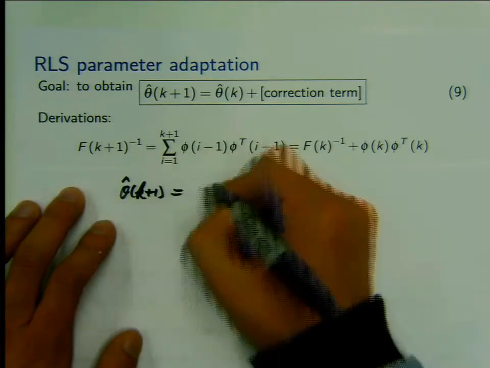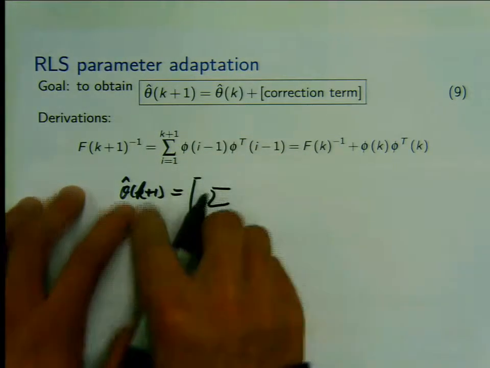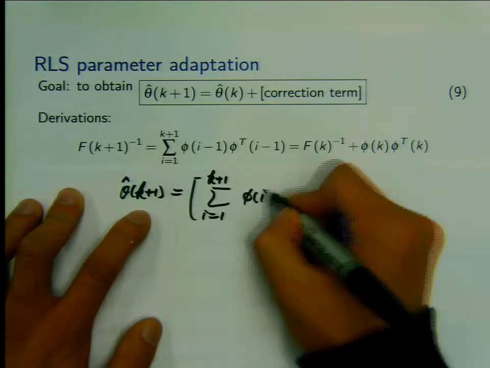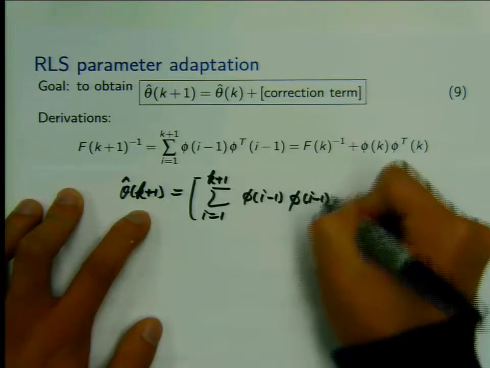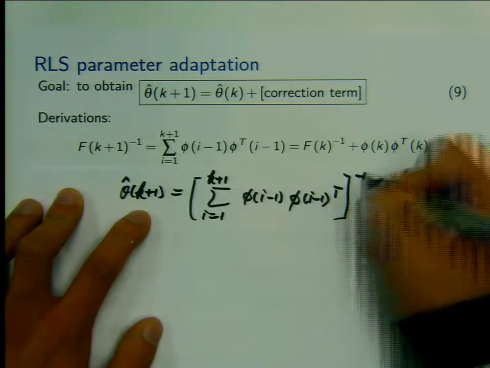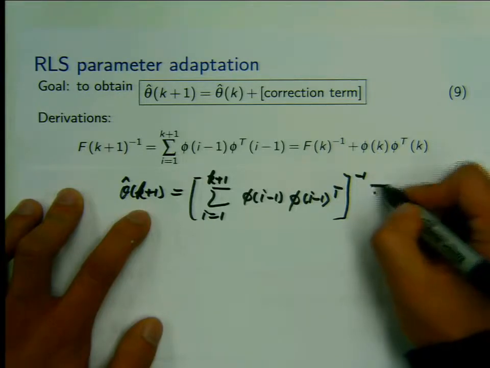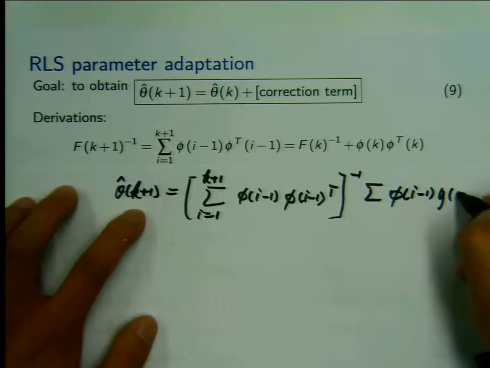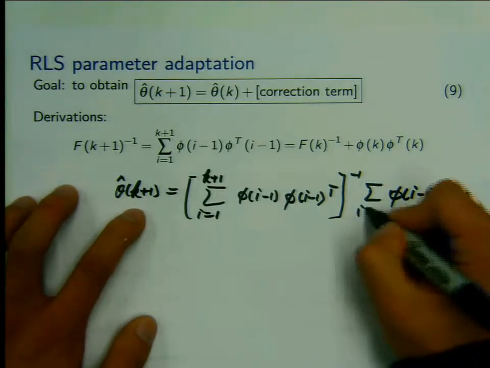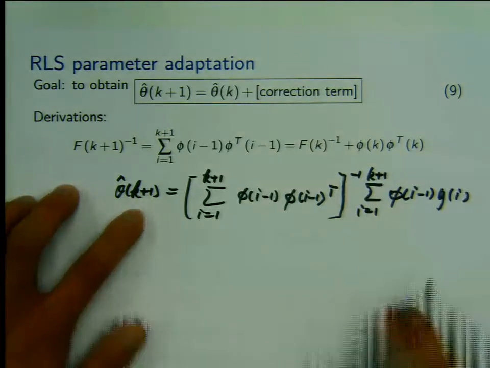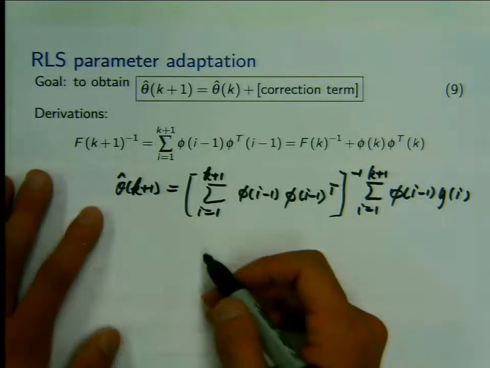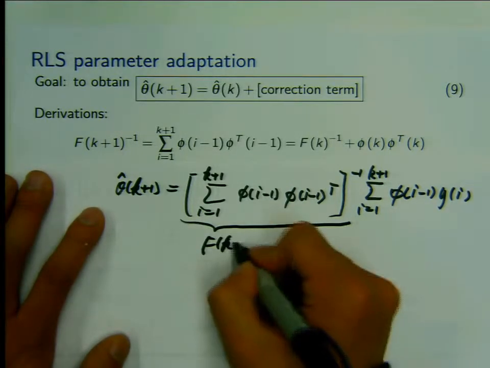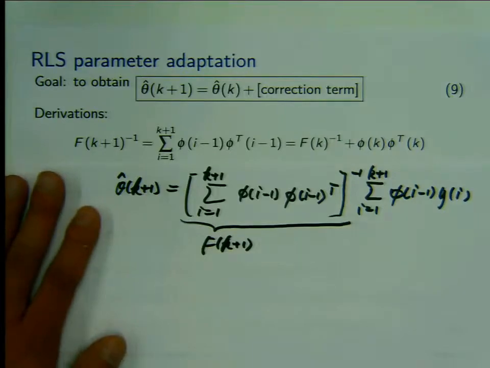For convenience, let me rewrite the solution of the problem at k plus 1 over here: the inverse of the summation of phi i minus 1 phi i minus 1 transpose, times the summation of phi i minus 1 y i, with i from 1 to k plus 1. We call this inverse matrix F k plus 1.